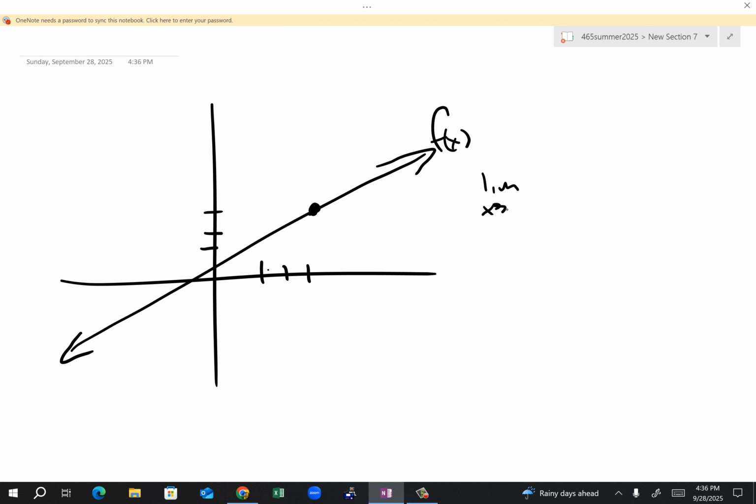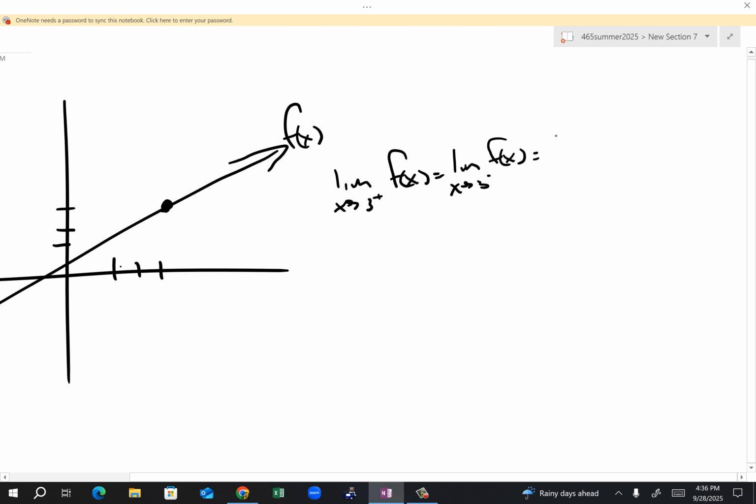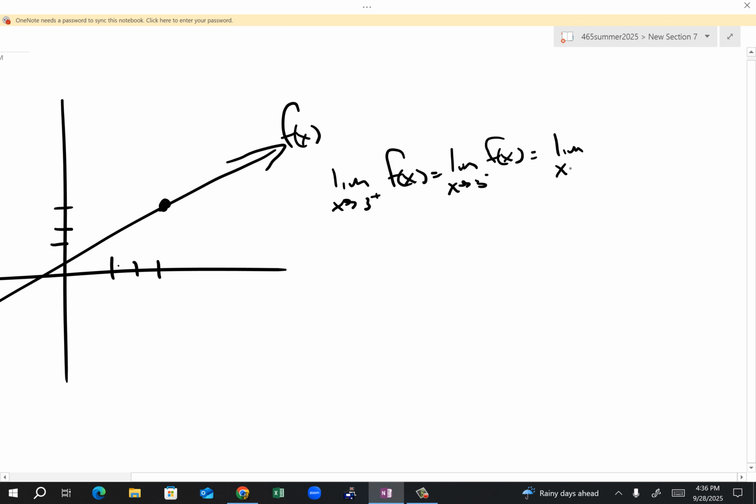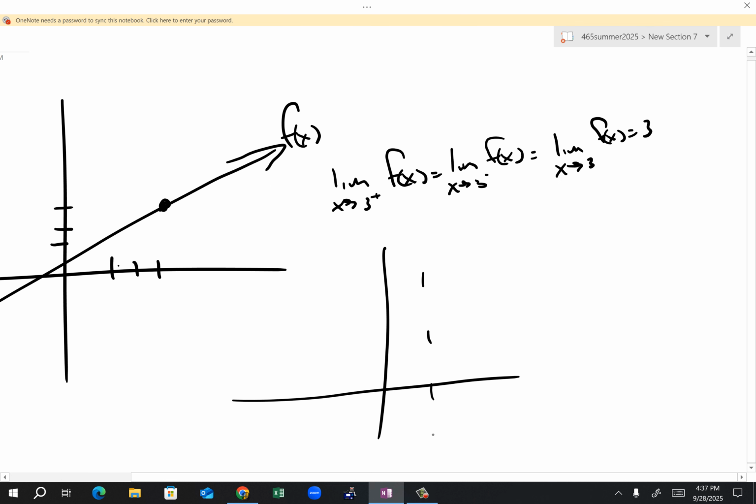Well, the limit as x approaches 3 from the right of f(x) is equal to the limit as x approaches 3 from the left, which means the limit is 3, right? That is, what is the y value? What is it approaching?